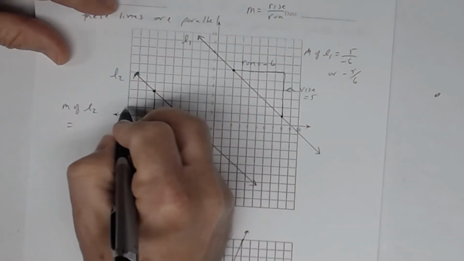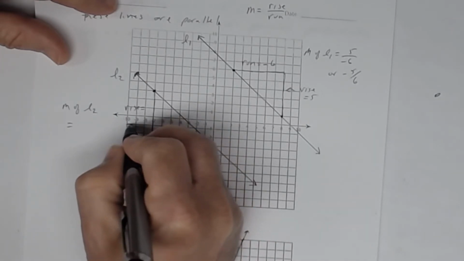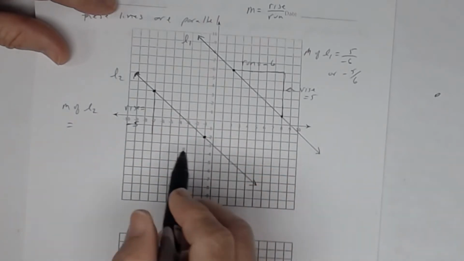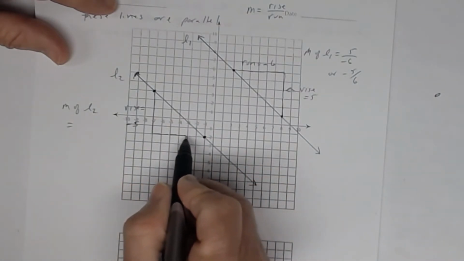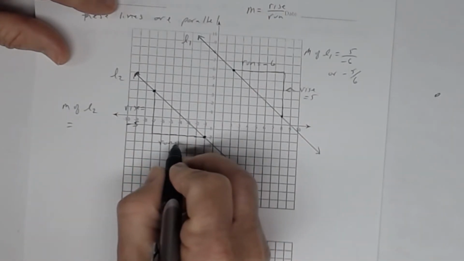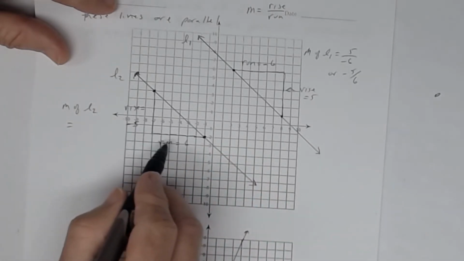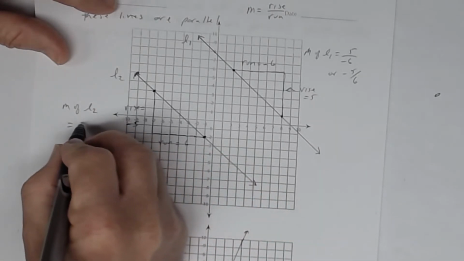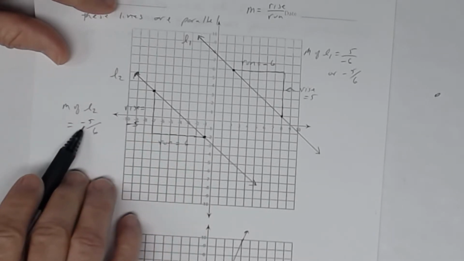Since I went down, my rise is negative 5. And my run, 1, 2, 3, 4, 5, 6. Since I went to the right, my run is positive 6. So I get negative 5 divided by 6. So the slope of line 2 is negative 5/6.